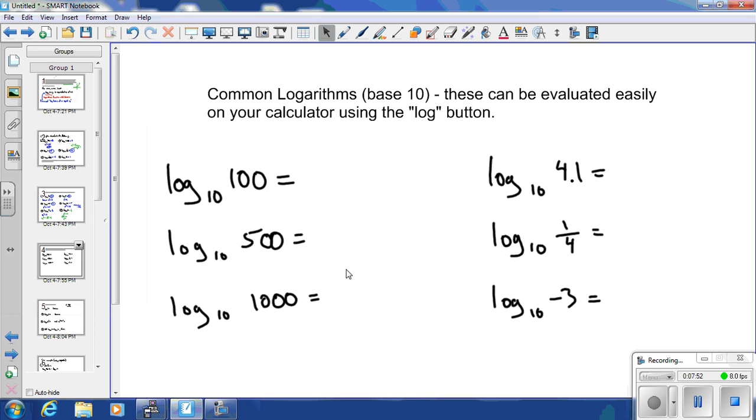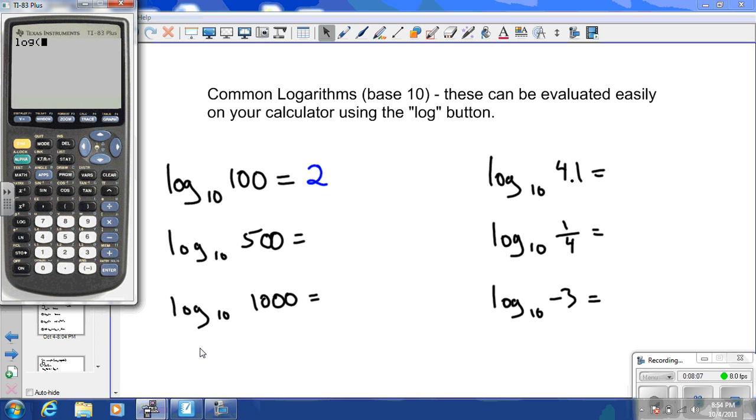So here we already saw that log base 10 of 100, what is it equal to? It's equal to 2, because 10 squared equals 100. So let me show you that. We would just type in 100. We don't have to type in the base. What did I do here?